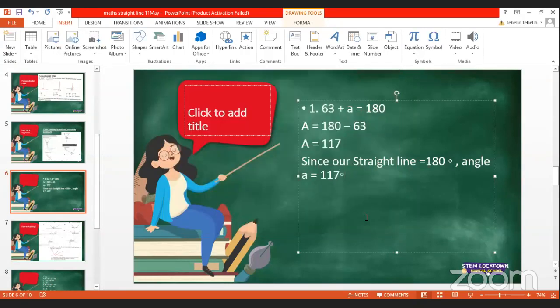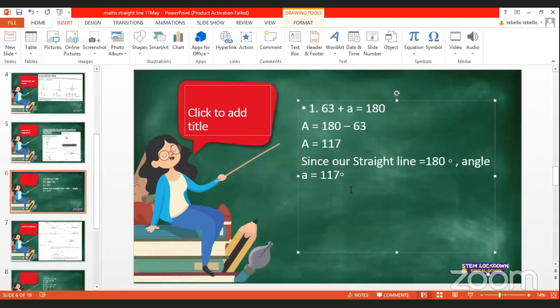Okay, guys. So for number 1, calculating the value for A, our equation will be 63 degrees plus A equals 180 degrees. Then on our second step, 63 will move to the other side and the positive sign will change to subtraction, and we'll have 180 degrees subtract 63 degrees.